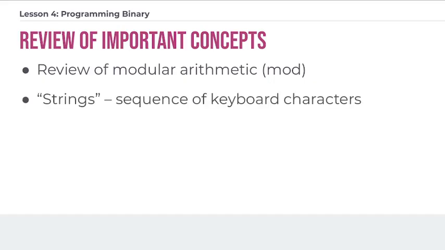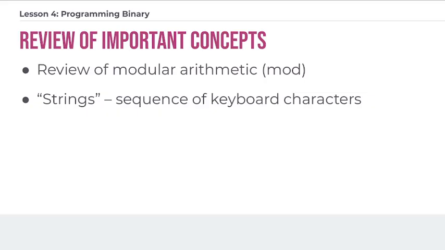Next thing we want to talk about is the concept of strings. Remember that strings are often placed in quotation marks in text-based programming so that the computer knows not to treat this like a number, because remember, everything is a number to the computer. Just treat it like a bunch of keyboard characters, ASCII characters or Unicode characters, now that you know those terms, and put them together.